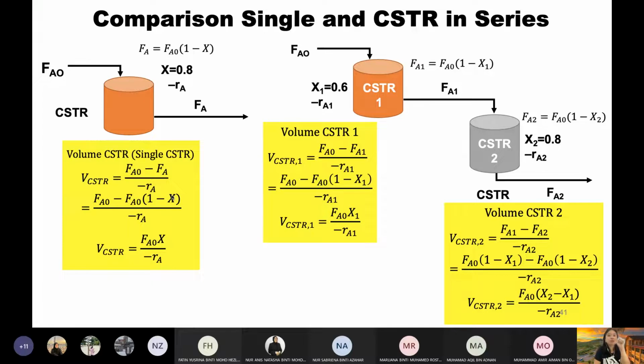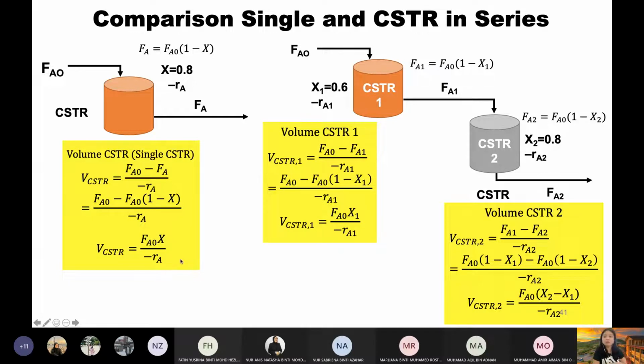Conversion, kita boleh tulis sebagai FA equals FA0 (1 minus X). So now I replace the FA with FA0 (1 minus X). So you see the FA0 is still in front. So you minus it, over minus rA. Then when you rearrange back, you will get the formula as FA0 X over minus rA.